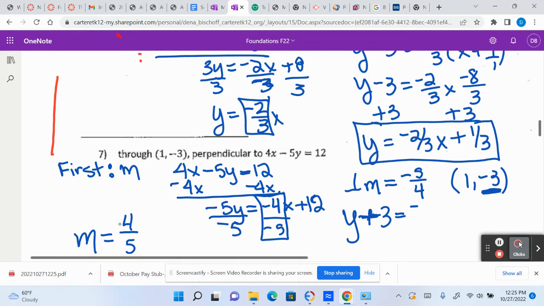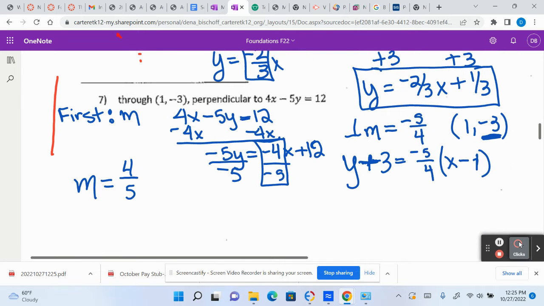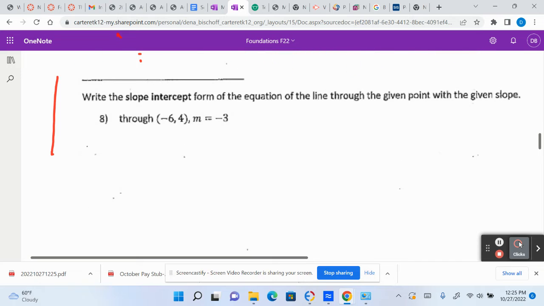So negative 5 over 4 times the quantity x minus, what's the x coordinate? There you go. You did it. We're just going to leave that one like that. Okay. All right. Let's keep going.